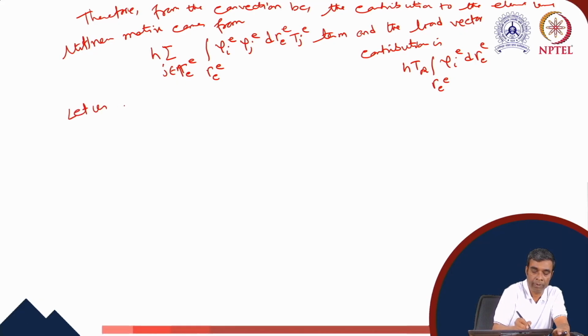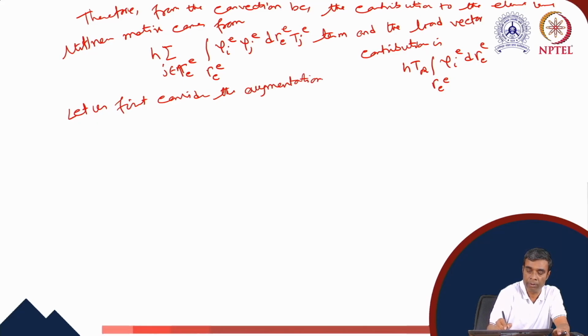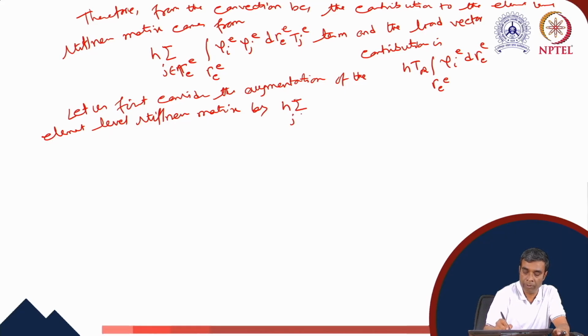Let us first consider the augmentation of the element level stiffness matrix by h summation j belonging to gamma CE, integration along gamma CE of psi IE psi JE d gamma CE into TJE.